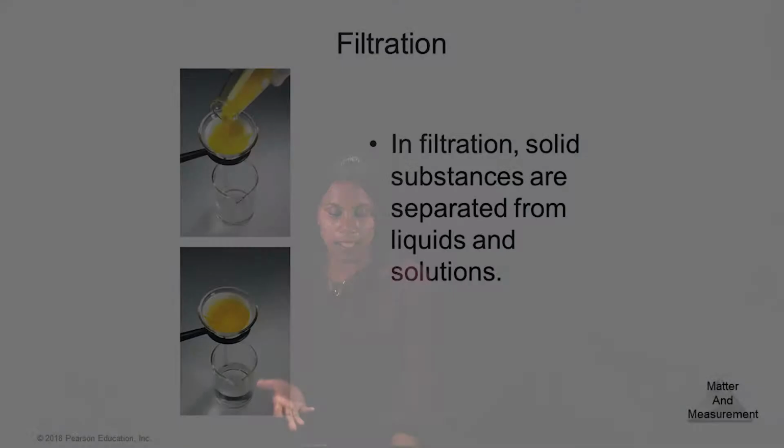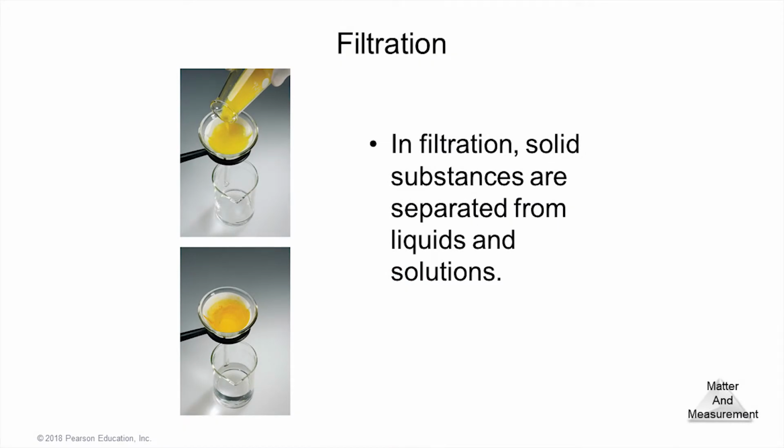You don't need to change the identity of the substance in separating mixtures. Filtration is the basic technique shown in this slide. You use the funnel and then filter paper. Using gravity filtration, you can separate a solid from a liquid. That is filtration.